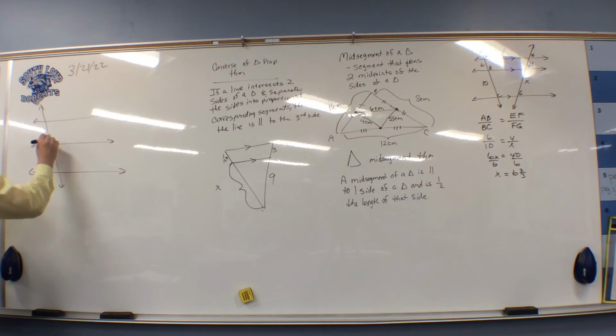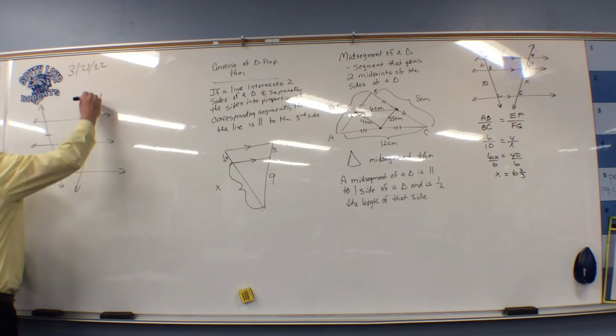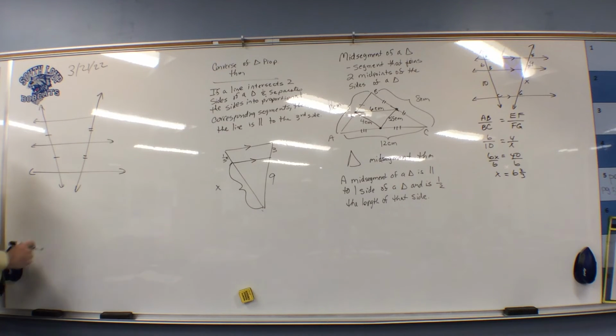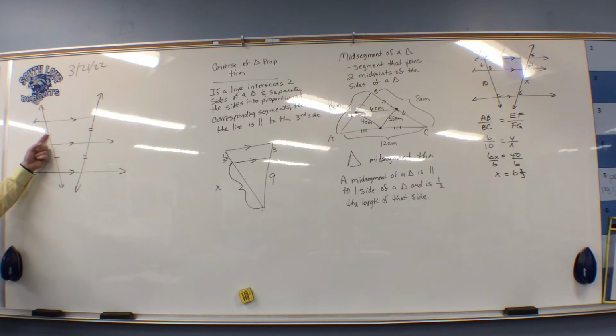This piece and this piece are the same length. If I throw another transversal in there, Harper, then this piece has to be equal to that piece. What I'm not saying, because these lines are parallel, is that this is equal to this. I'm saying that these two have to be equal. If these two are equal, then these two have to be equal.